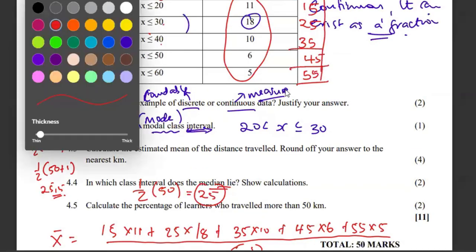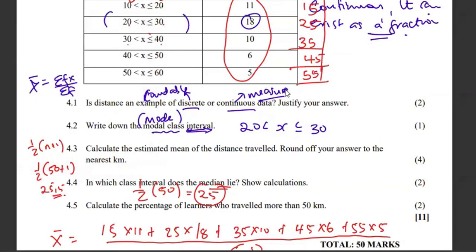Our first interval is 11. 11 is smaller than 25, meaning that the median cannot be found there. Then 11 plus 18 gives us 29. 29 is bigger than 25, but 11 was smaller, meaning that technically the median must lie within this interval. So we're going to say 20 < x ≤ 30.